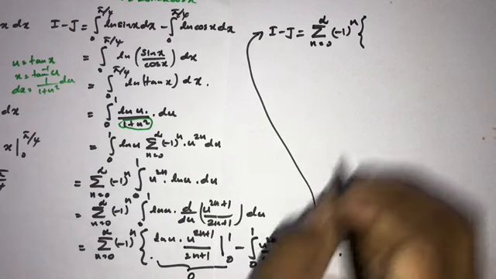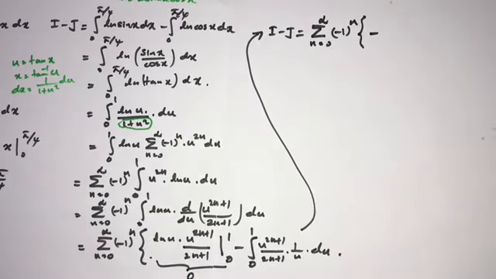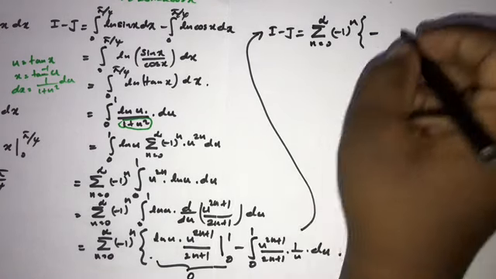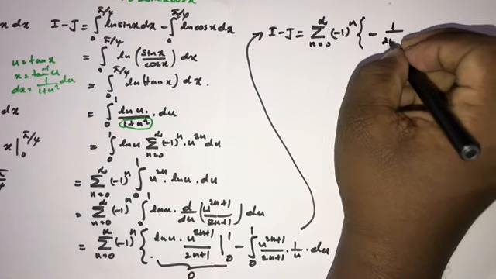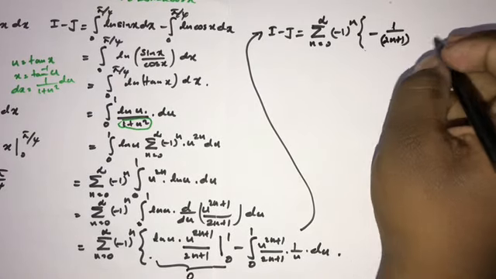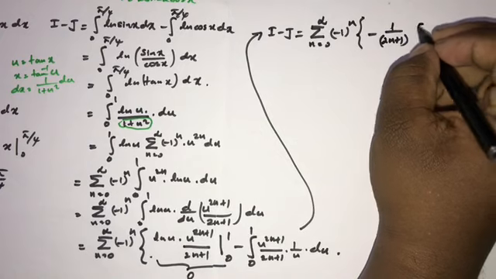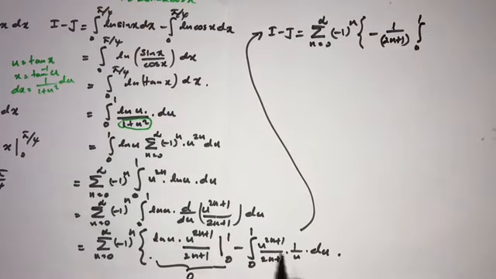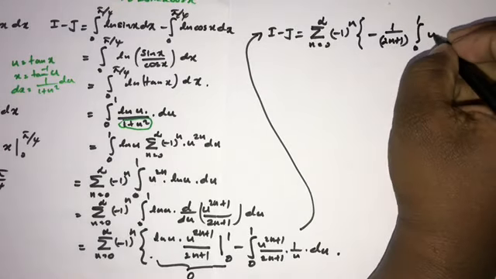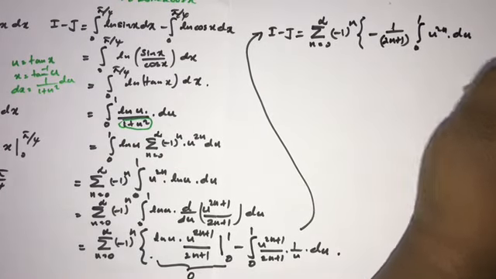And here we have minus sign, u to the 2n plus 1 over 2n plus 1, here u, and 1 over 2n plus 1 is a constant, so we can write outside of the integral sign 1 over 2n plus 1, and here we have integral from 0 to 1, u to the 2n plus 1 over u, then now u get cancelled, so u to the 2n du.